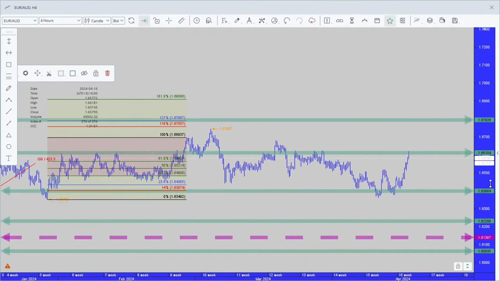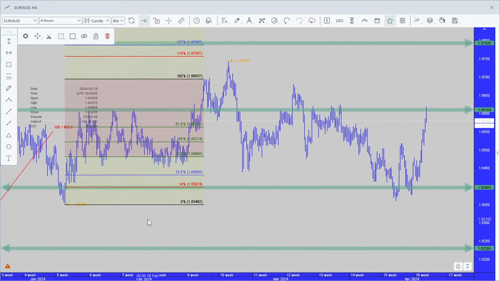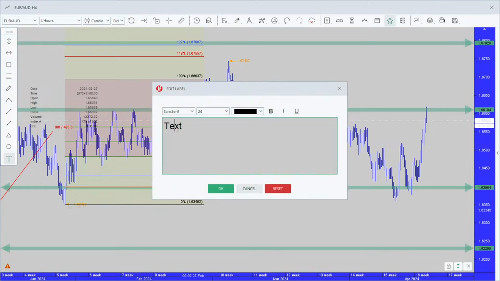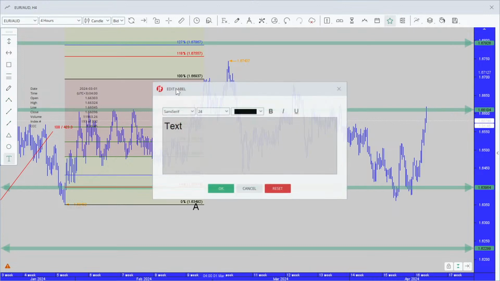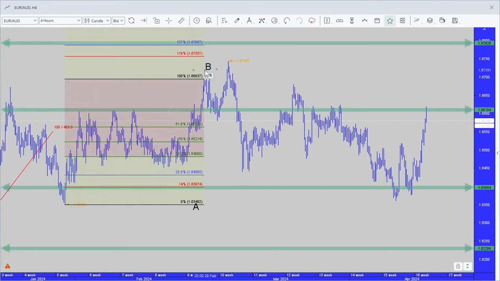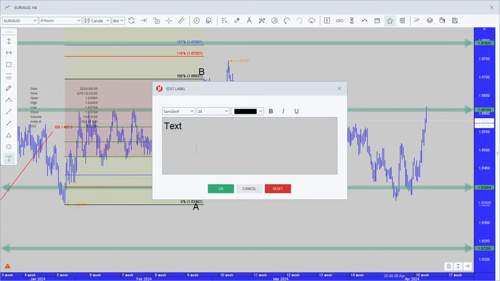This is the 4 hour Fibonacci, everybody. Here is your A, here is your B, right? And down in here is your C.